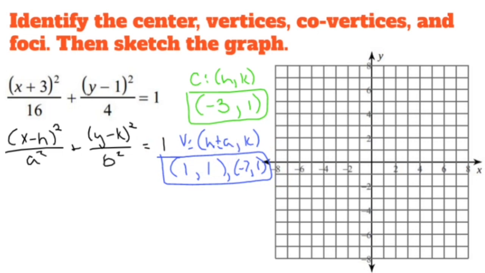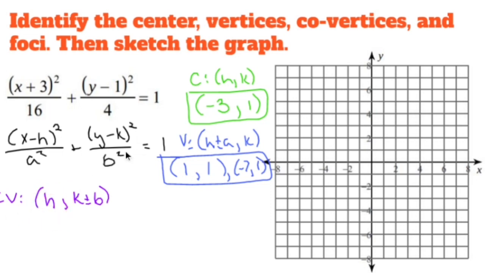My co-vertices are found by using h and k plus or minus b. All right, did I say negative h? Regular h. Sorry, everybody. Regular h.